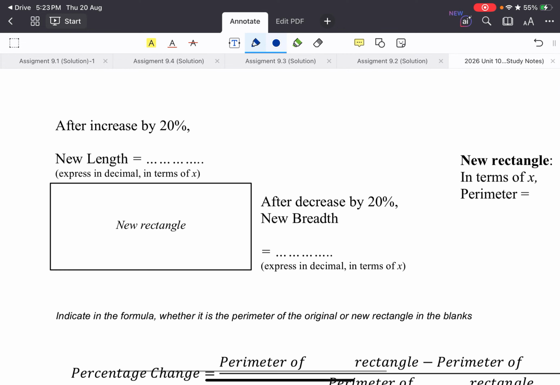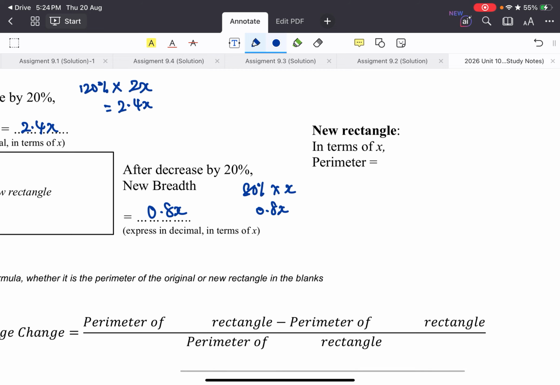After increasing by 20%, the new length is 120% times the length 2x, which is 2.4x. Then the breadth decreases by 20%, so this is 80% times x, which is 0.8x. So the new perimeter will be 2 times 2.4x plus 0.8x, which gives us 6.4x.